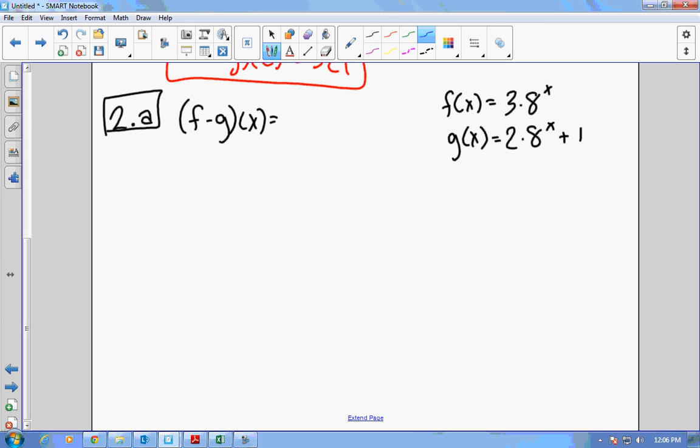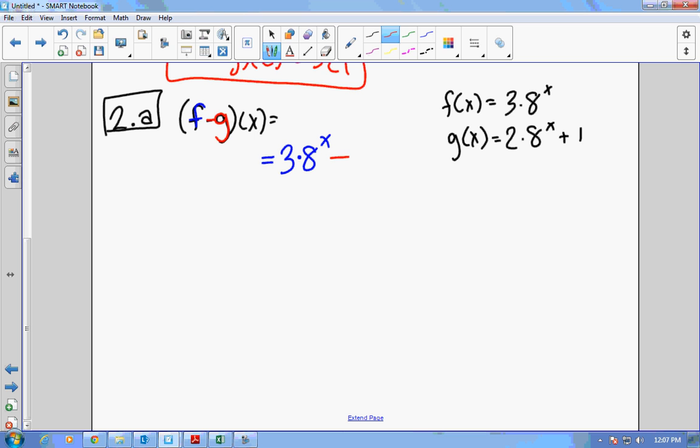It wants us to do f minus g. Okay, Elena, what do you think you would write first? Right, because that is your f function, correct? That's the f function. Now we're going to subtract whatever the g function is.